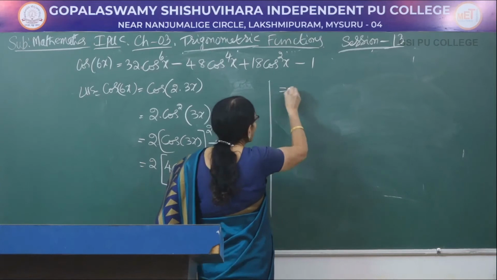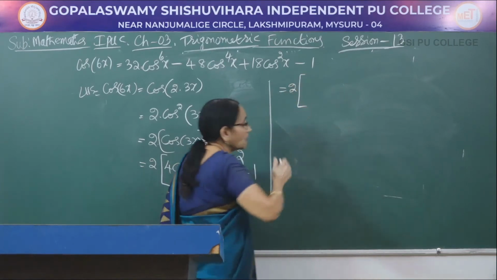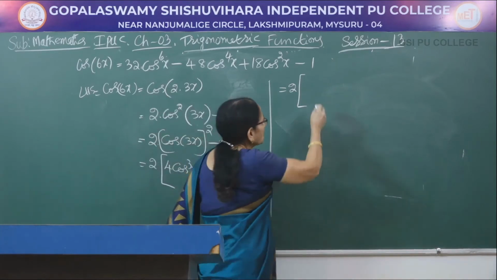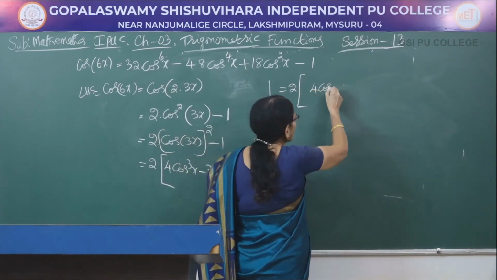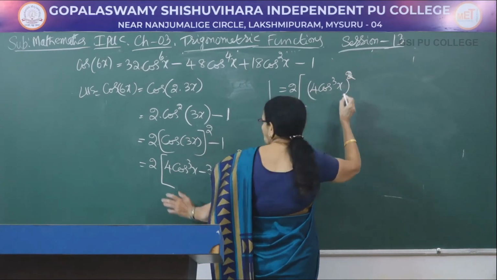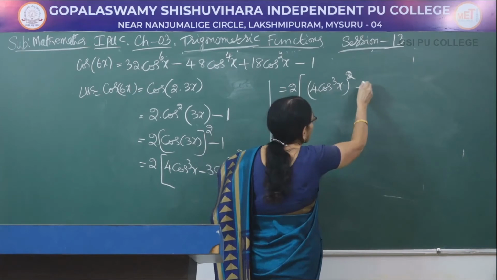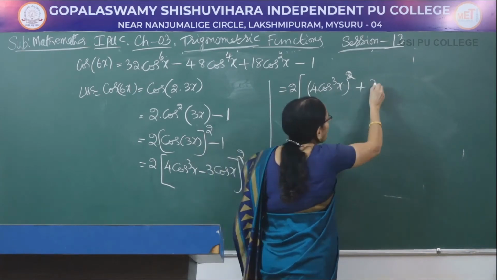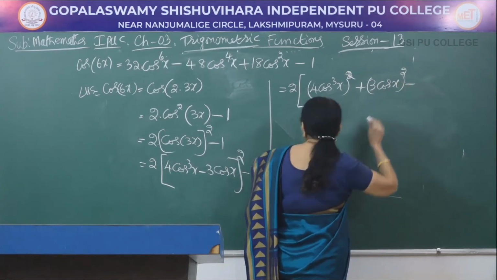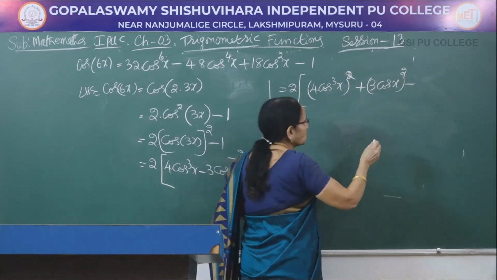So that is equal to 2 into, inside the bracket only you do the expansion, a square. Directly to write it may be difficult, so write one more step. A square means it is 4 cos cube x the whole square plus b square. B square means 3 cos x the whole square minus 2 into a into b.